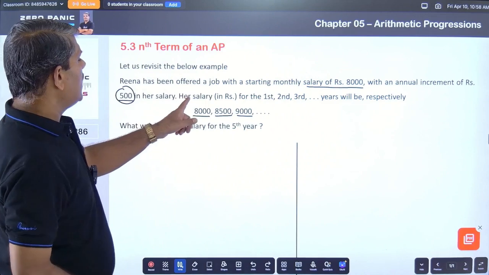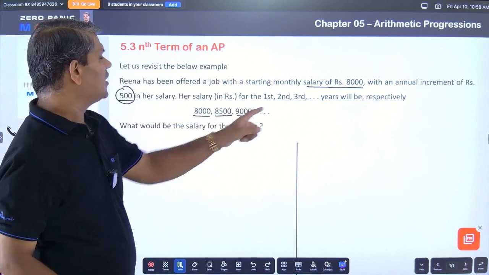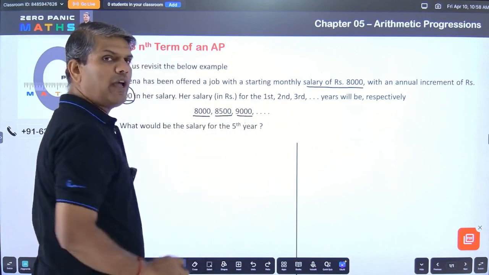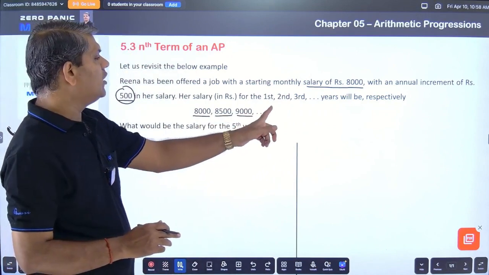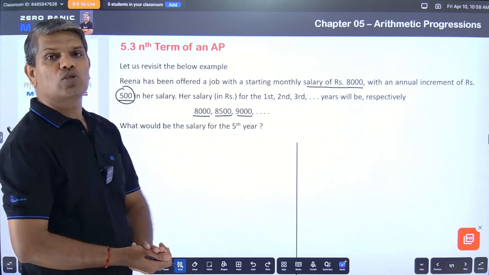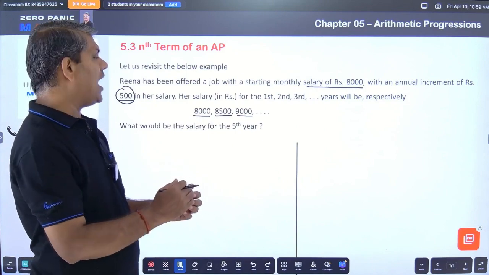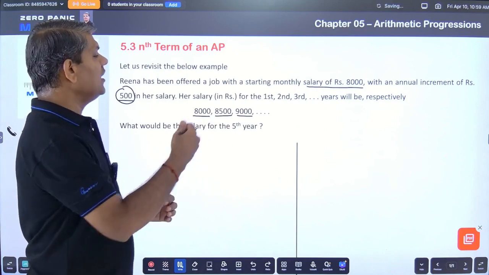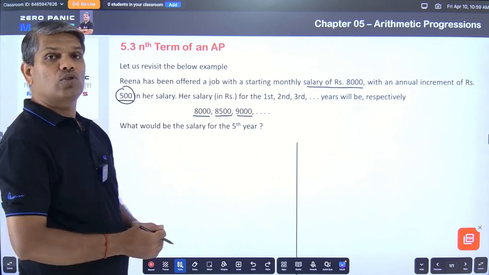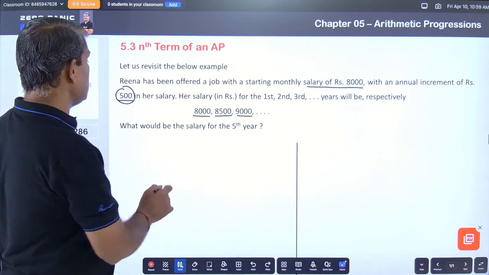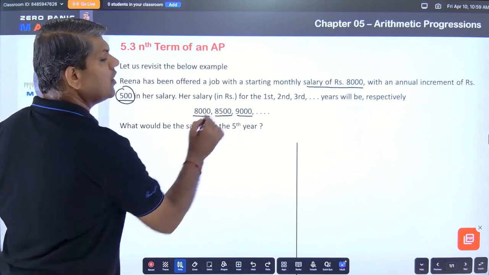Her salary in the first, second and third year is given here, and you can guess the next value. For every year's salary, 500 is added at the end of the year, and next year's total salary will be calculated. Now if this is the situation, what would be the salary for the fifth year?